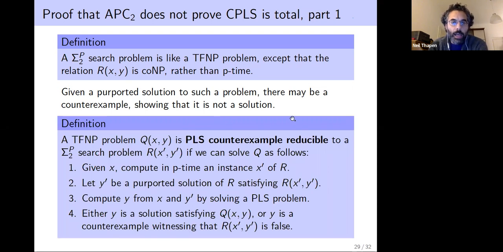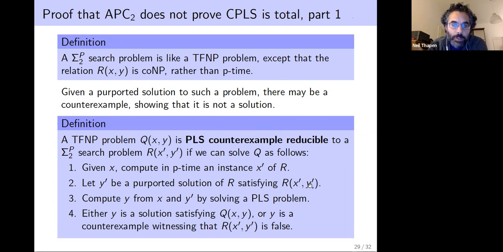And now we have a definition of a normal TFNP problem being reducible to a sigma 2 search problem in a certain way using PLS. I'm running out of time a bit, but the idea is we're given X, we want to find a Y, and so we go through finding a solution.